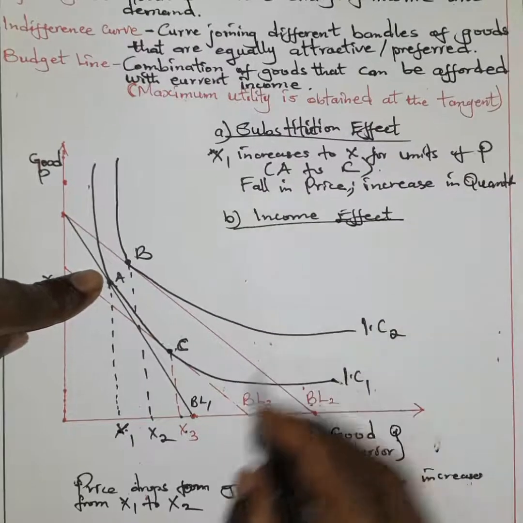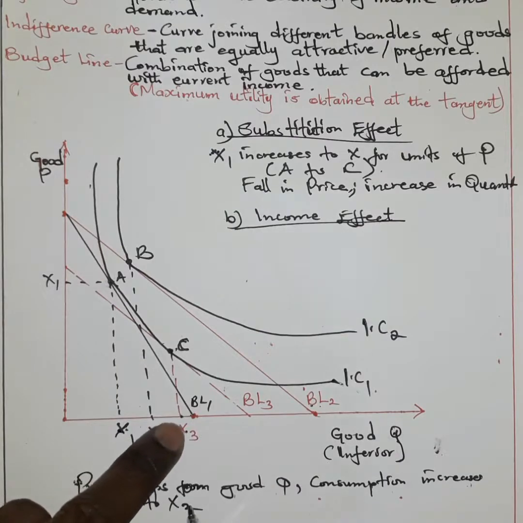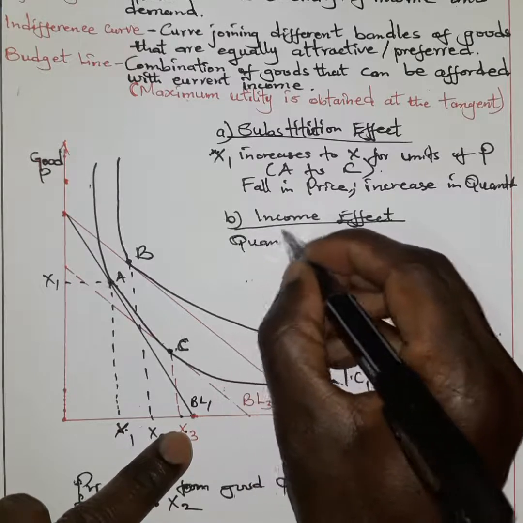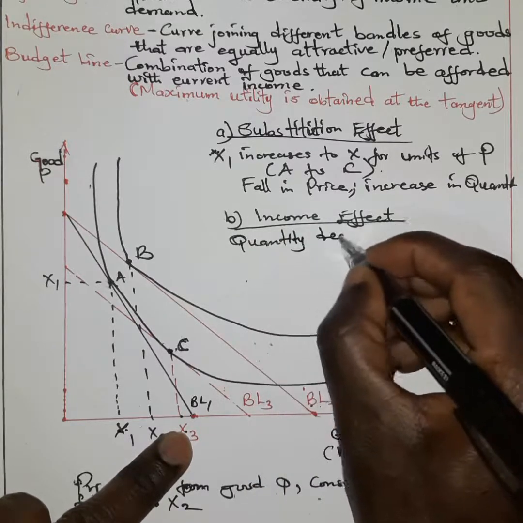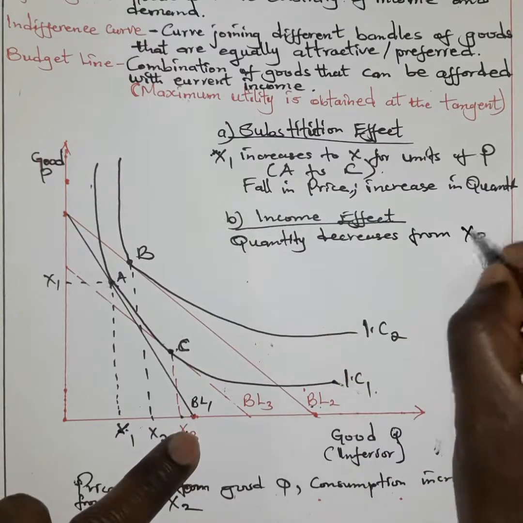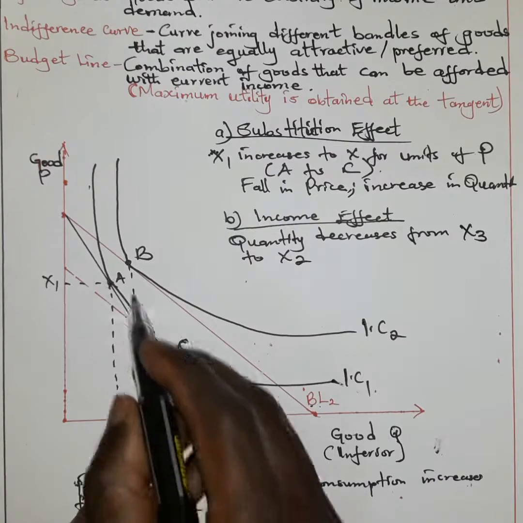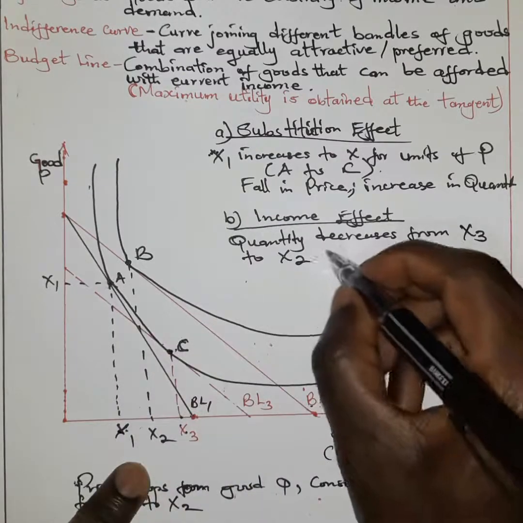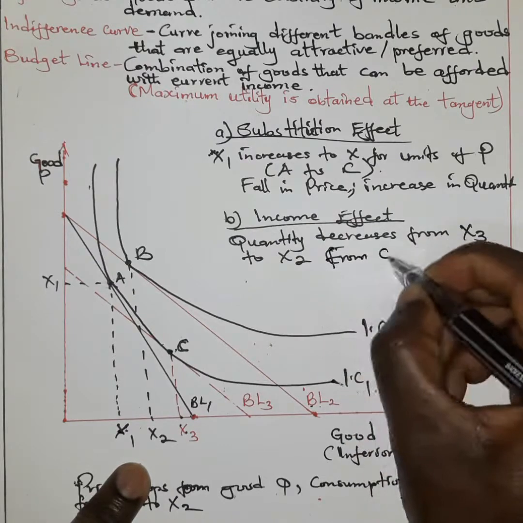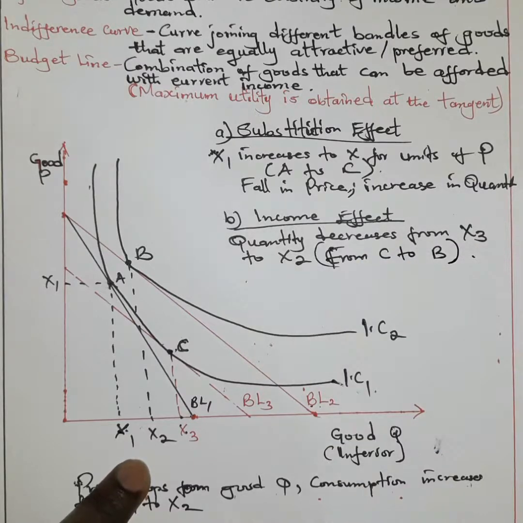we are going to represent it at the point where the quantity consumed decreases from X3 to X2. So from X3 to X2 is essentially the movement from C to B. Why?